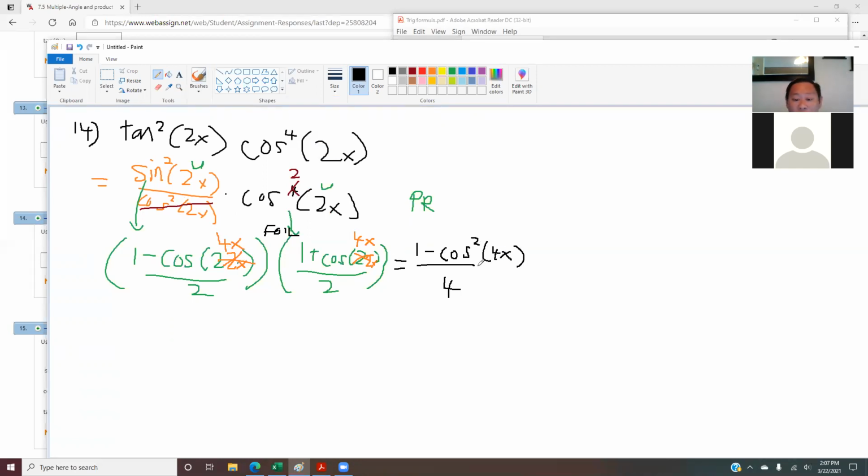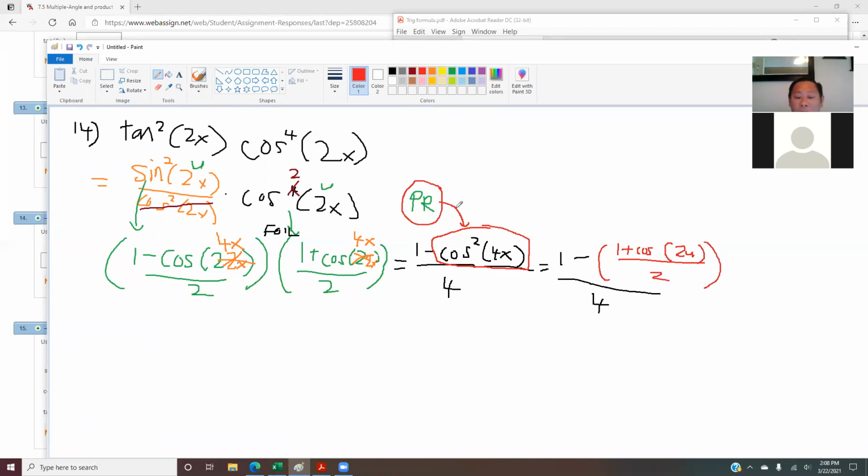Now, since this question wants it in power 1, this can use your power reducing again, because it's a power 2. So what we have in this case is 1 minus, over 4. If you look at your power reducing for cosine squared, it is going to be 1 plus cosine of 2u over 2.